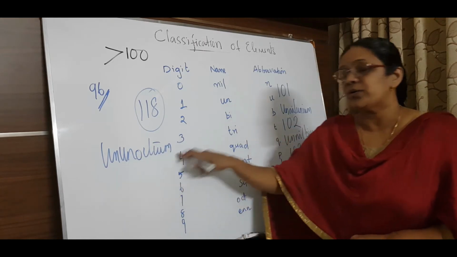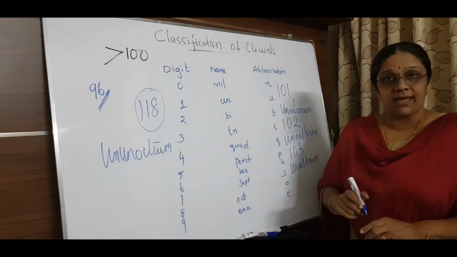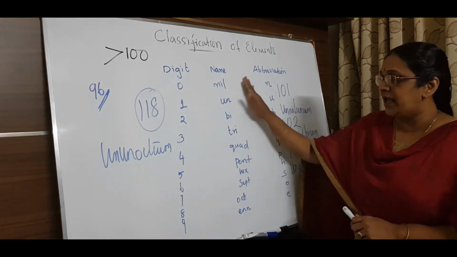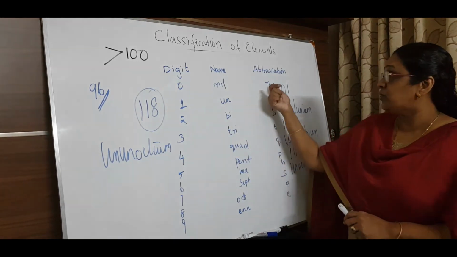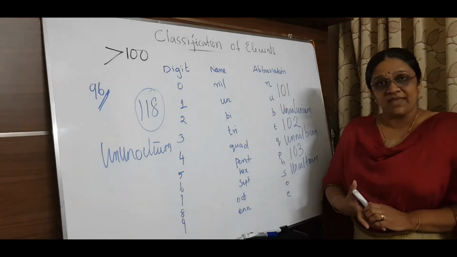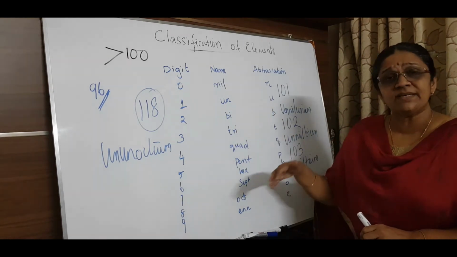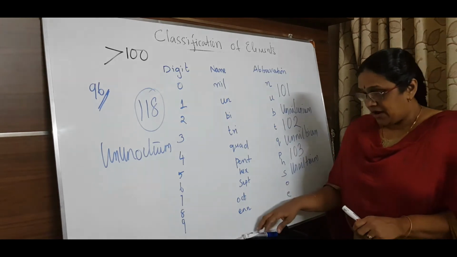So un, un, octium. So you have to write from 101 to 118. Just try it out. It's very easy because you know how to give the name for the digits. So this is how you write the nomenclature of elements having atomic number greater than 100.